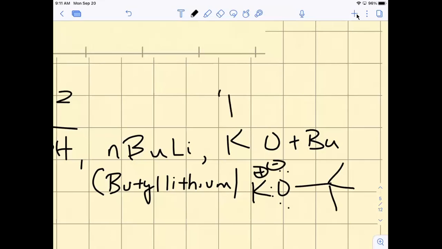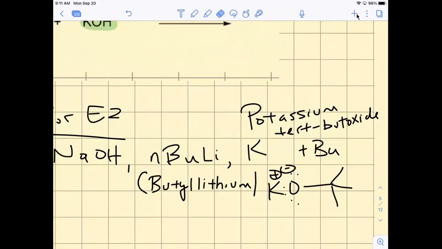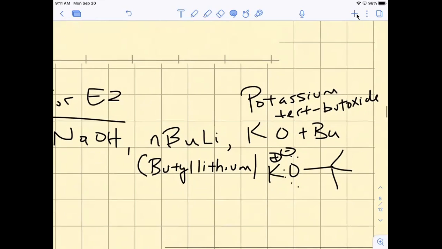Looks like that. So those are some examples of bases that are used to do E2 elimination. But that's a requirement. You can't do E2 without a strong base. So you have to have a strong base present.